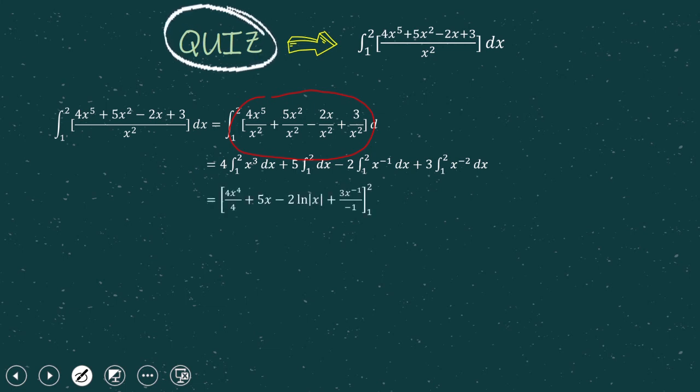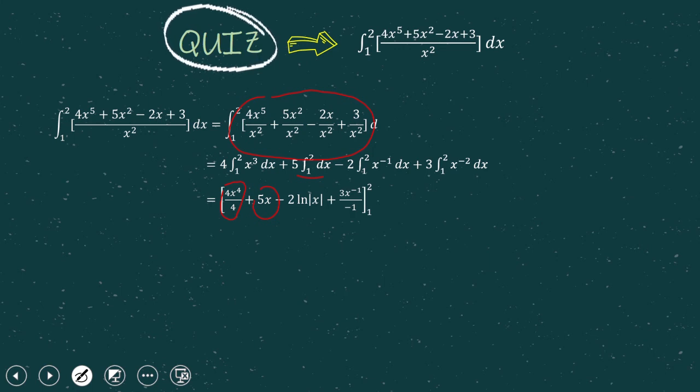So for x cubed, when we integrate, we get x to the power of 4 over 4, and for 5 we get 5x, and for x to the power of negative 1, when we integrate, we get ln x, and for 3x to the power of negative 2, when we integrate, we get 3x to the power of negative 1 over negative 1.